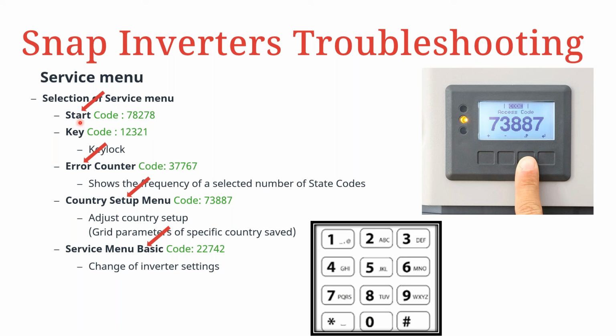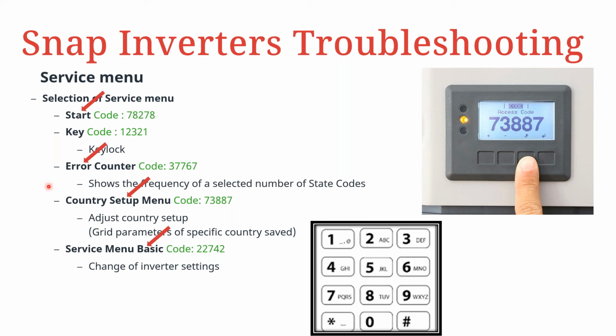Next is T, represented by 8 on the keypad. Then A is represented by 2. R is represented by 7, and finally T by 8. So there you have it: 7, 8, 2, 7, 8.